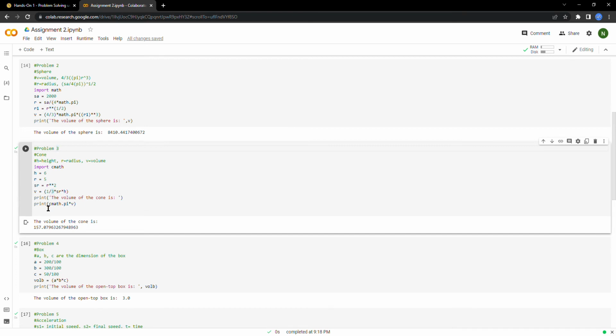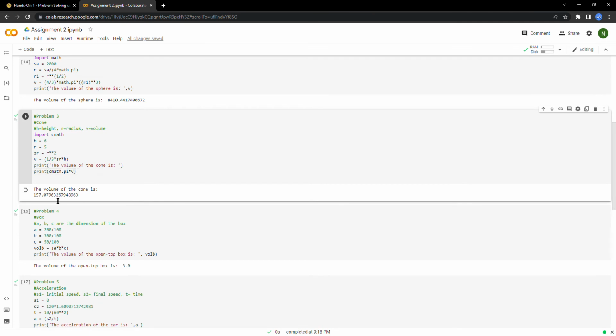For the volume of the cone, we use CMath.pi, multiplying pi into v to find the answer. The answer is 157.0596. Let's round it to 4 decimal places so that it's not hard to read.